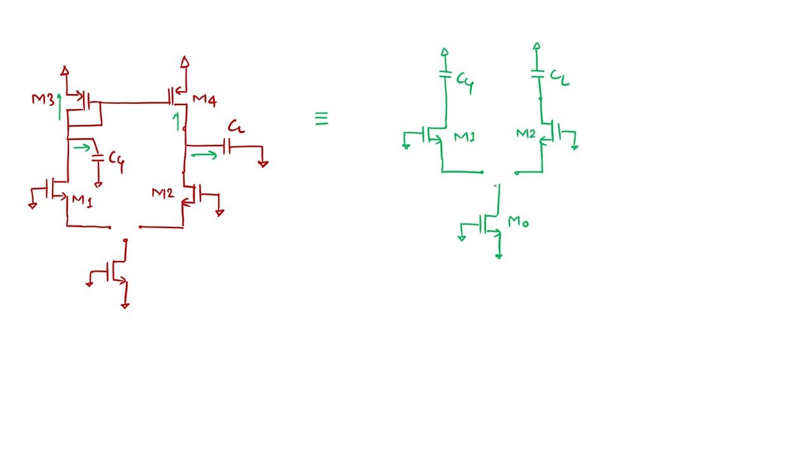Okay, so this is the effective impedance. This side we will see RS1, this side we will see RS2, this side we will see RDS0.